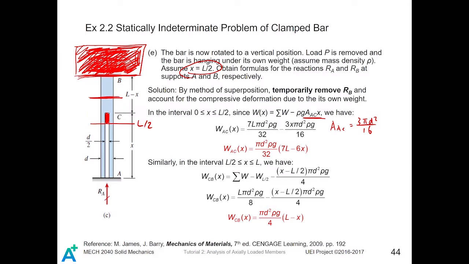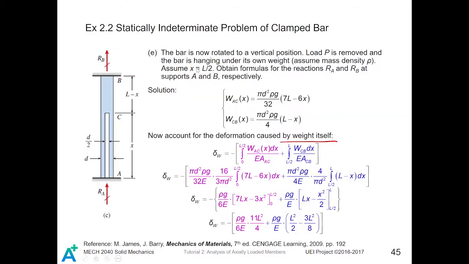The result will be pi d squared rho g divided by 4 times (L minus x). Still recall that we have removed RB for our analysis. Now we have the compressive load in sections AC and CB.